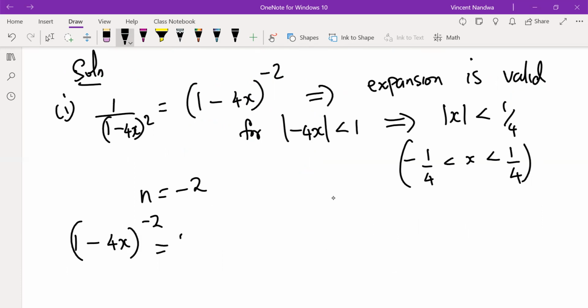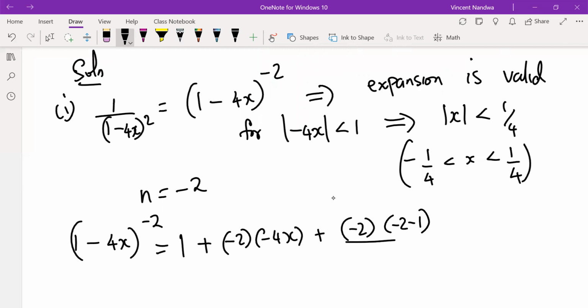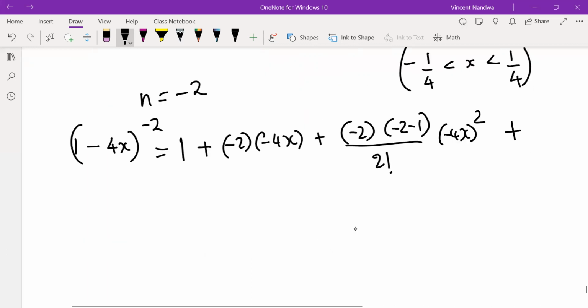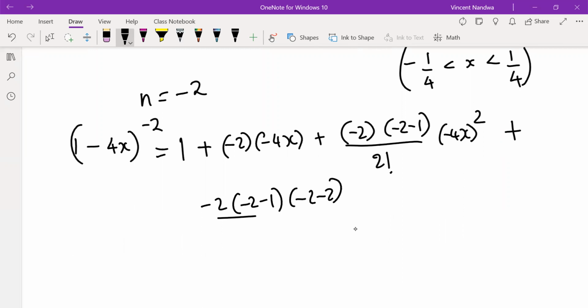So therefore (1 minus 4x) power minus 2 would be 1 plus minus 2 times minus 4x, plus minus 2 times minus 2 minus 1 over 2 factorial, minus 4x squared, plus minus 2 times minus 2 minus 1 times minus 2 minus 2 over 3 factorial, minus 4x power 3, plus several other terms.